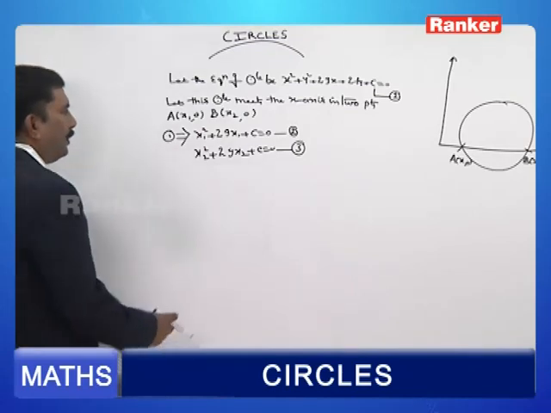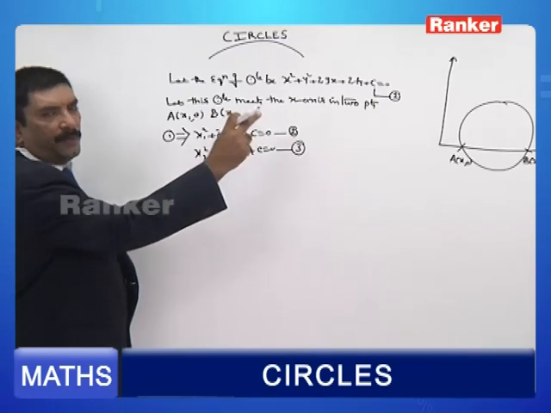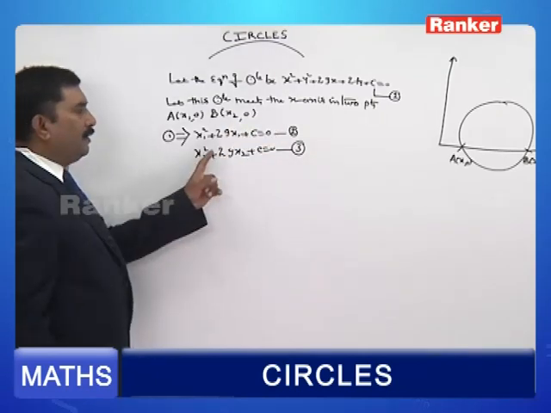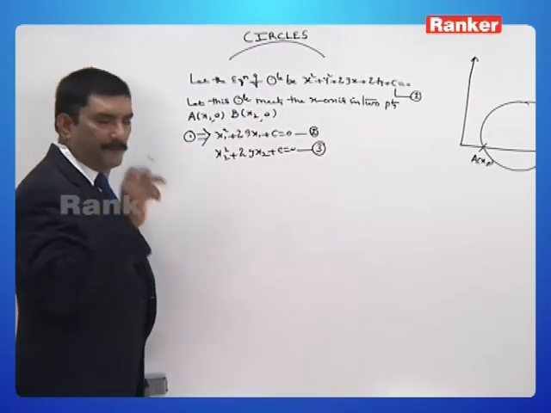So now, when this circle passes through A of x1, 0 and B of x2, 0, indirectly we are putting the y value equal to 0.